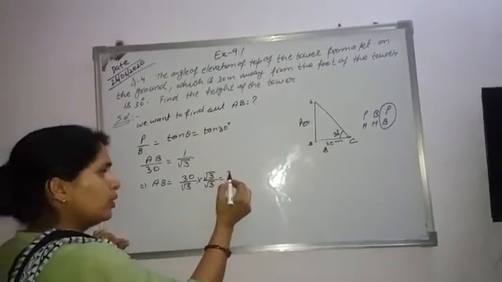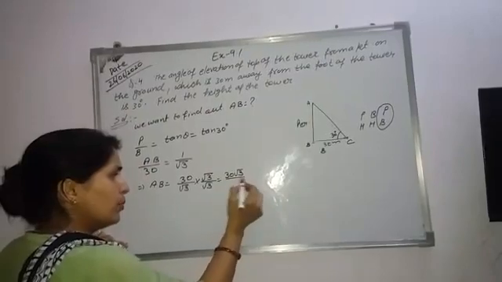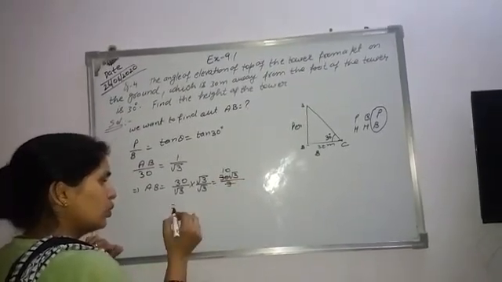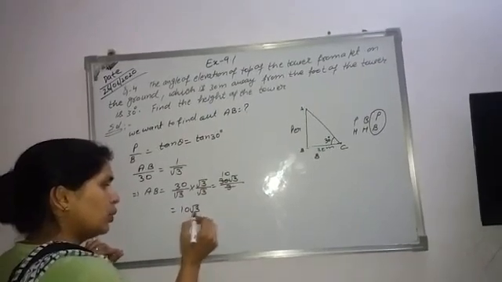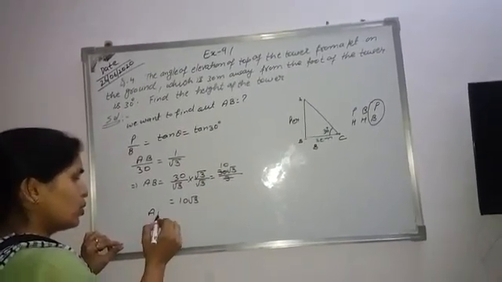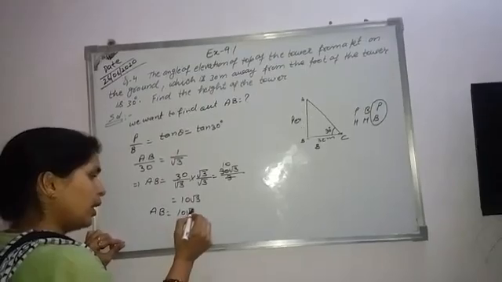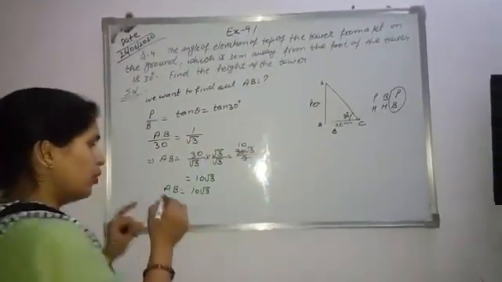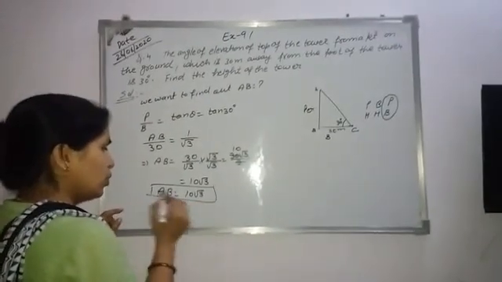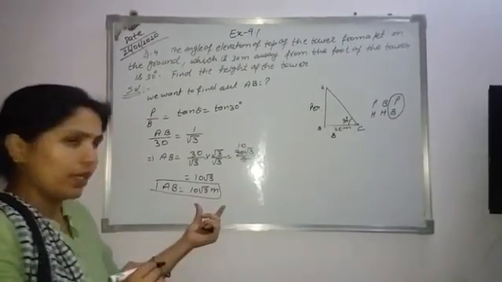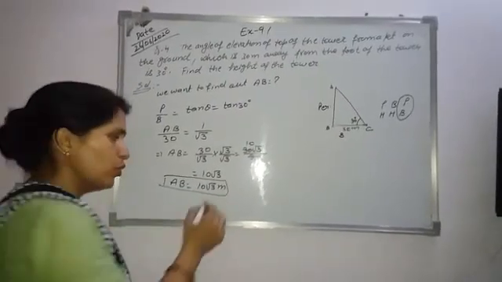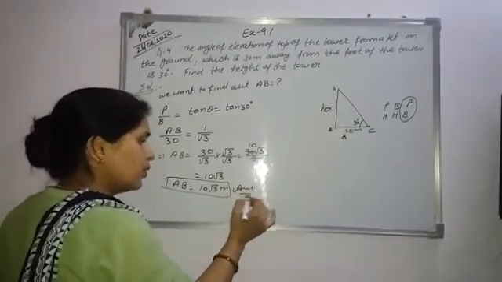We obtain 30 times root 3, and root 3 into root 3 is 3, and 30 divided by 3 is 10. So AB is equal to 10 times root 3, and this is the height of the tower, the value which we wanted to find out, and the unit is meters. So the height of the tower is 10 root 3 meters, and this is the required value.